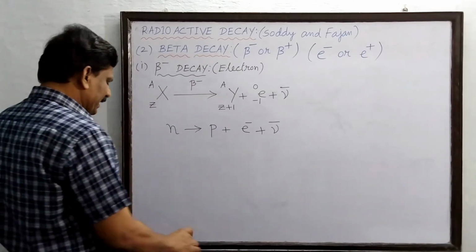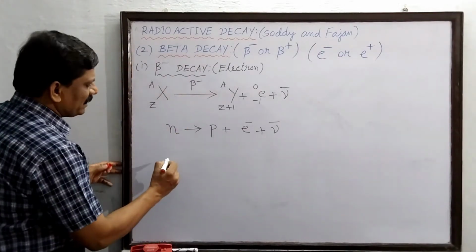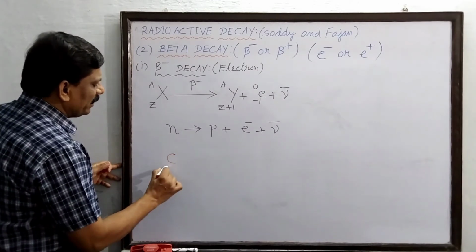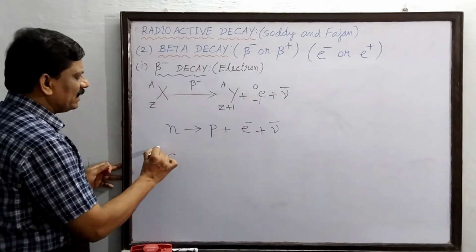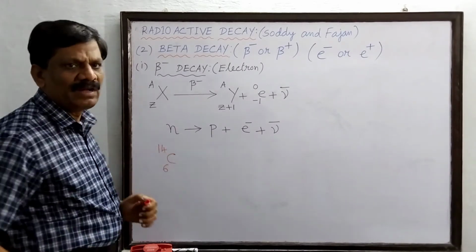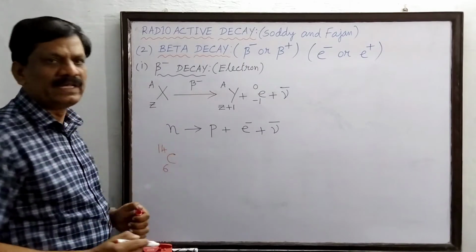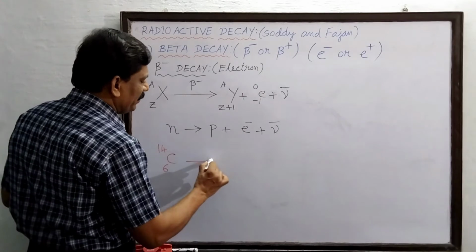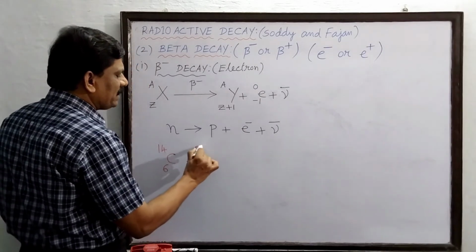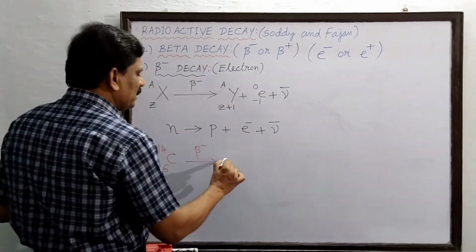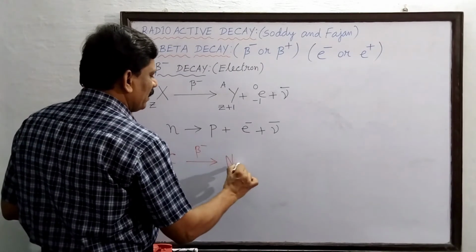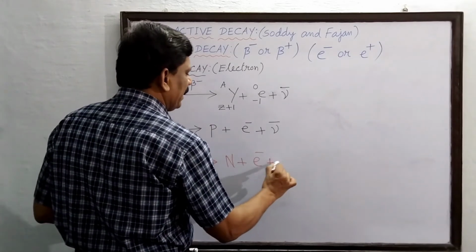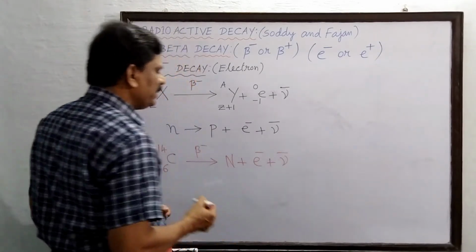So one example I can give for this. What is the best example for this? I will take carbon. Carbon is having an atomic number 6. One isotope is having a mass number of 14. So carbon-14, 6C14 isotope, I will take as the parent nucleus and it emits a beta minus particle, during which nitrogen is being formed plus an electron plus an antineutrino.